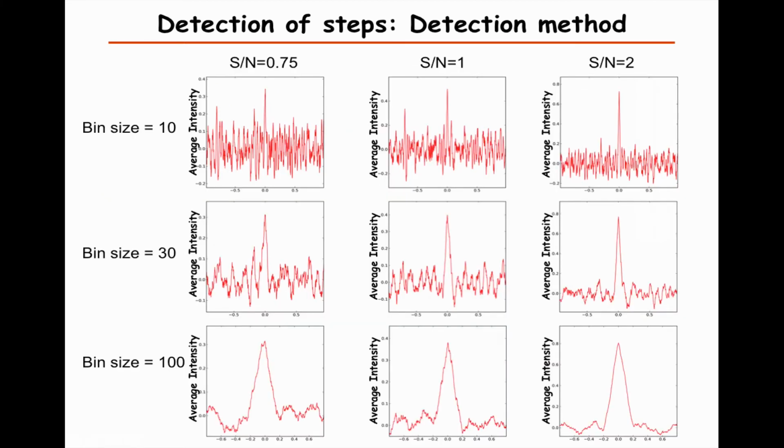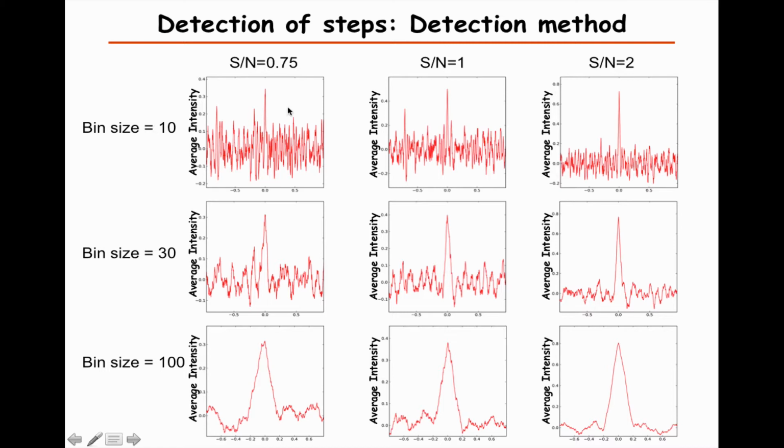This just shows the result of this. Now we've changed a few different things. First we have different signals with different signal-to-noise ratios, and we also have selected different bin sizes for the averaging.